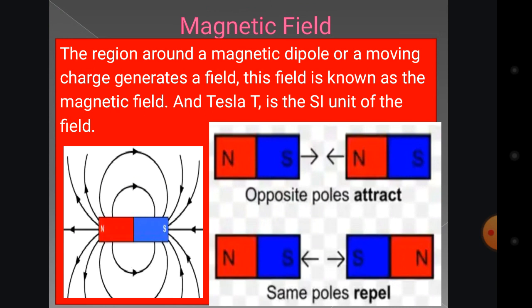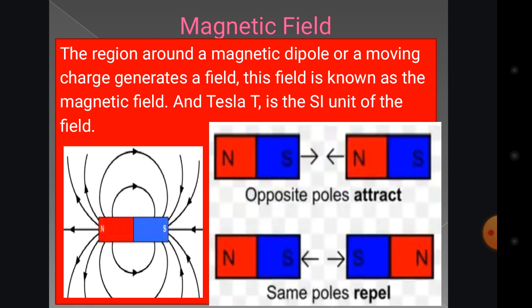So the last one among them is the magnetic field. The magnetic field is the region around a magnetic dipole or moving charge that generates a field.